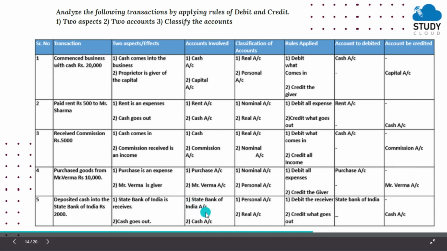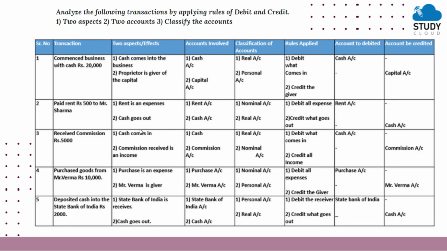So here we have to write it as personal account. Then cash is a real account because it is a property of the business. So the rules applied will be debit the receiver for personal account and credit what goes out for real account. So on the debit side we have to write State Bank of India and on the credit side we have to write cash account. So this is the way you can classify the accounts and two effects will also be done.